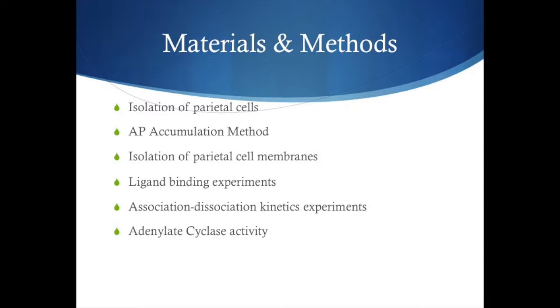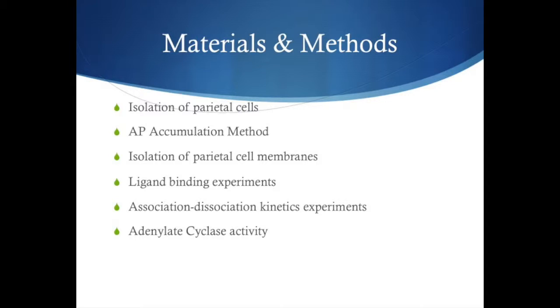Ligand binding experiments were carried out using NECA for the competition binding experiments. The A1 receptor agonist, A2A agonist, and A3 receptor agonist were used for the association, and DPCPX, ZM241385, and IB-MECA were displacement agents in the association/dissociation kinetics experiments.